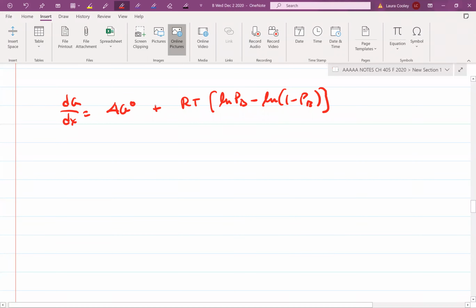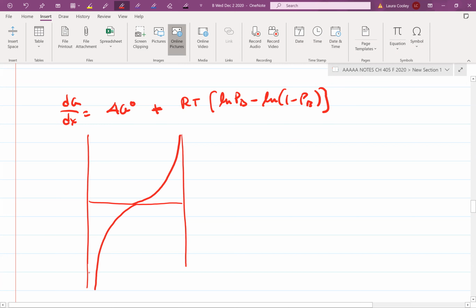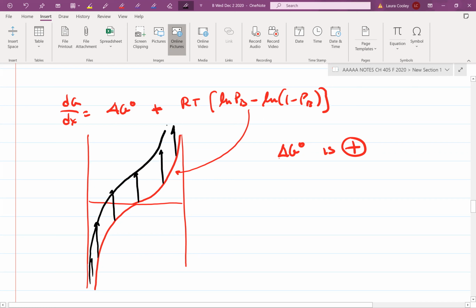And this is that crazy graph. So what happens when we add something to it? We have this nice looking curve here. But now let's suppose that delta G0 is positive. What this means is that we're going to add a positive constant amount to every point on this curve, and you're going to end up with something that looks like this. Just a lousy drawing.